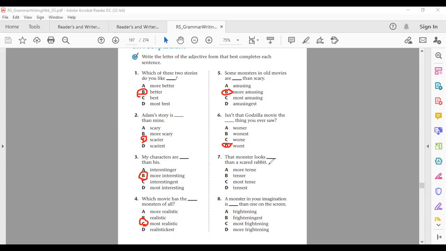A monster looks than a scared rabbit. And a monster in your imagination is more frightening than one on the screen, because we have than. In my imagination, I imagine scary things more than the screen.